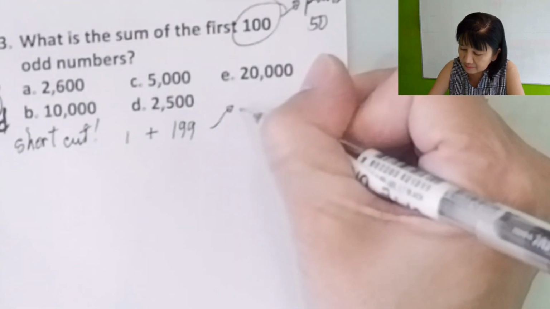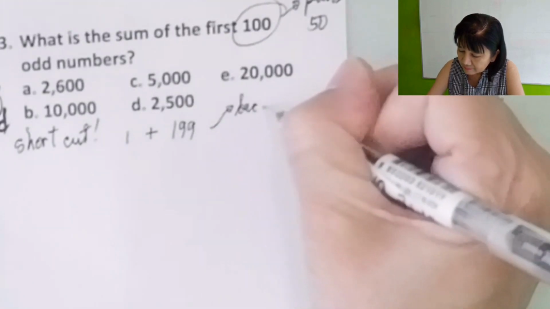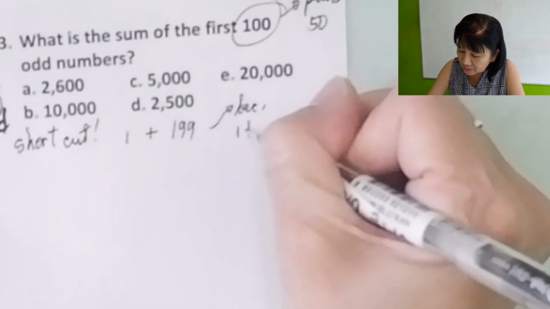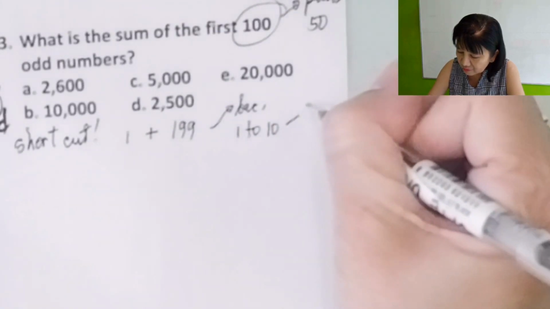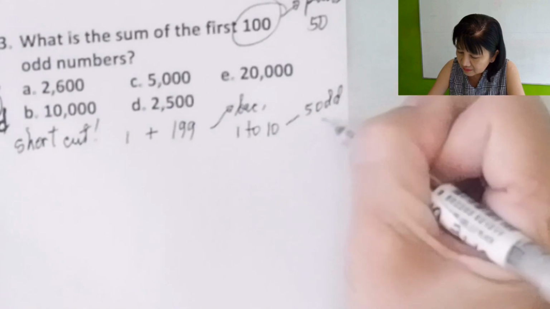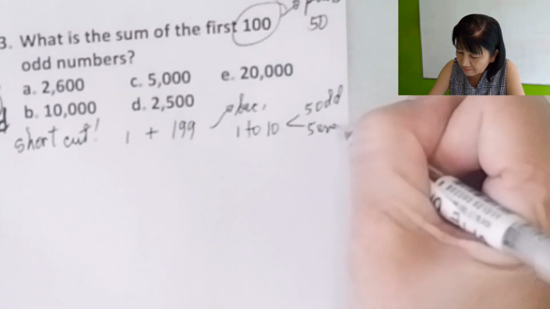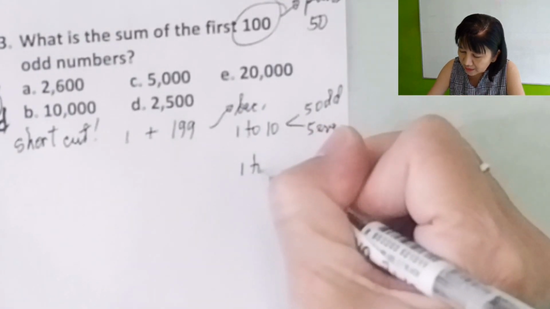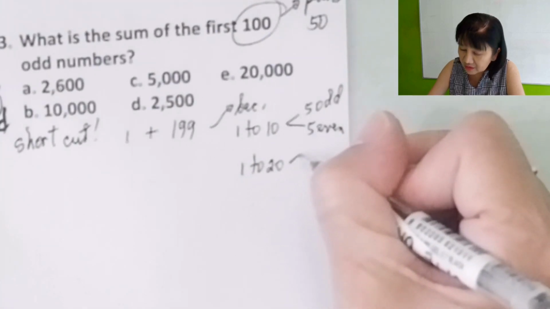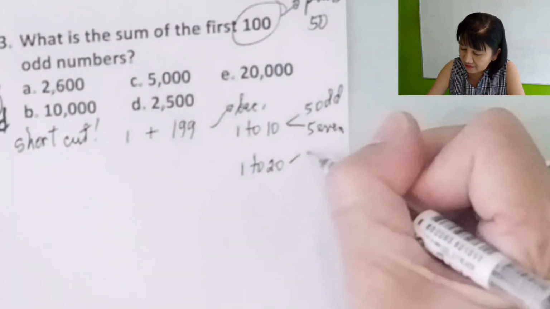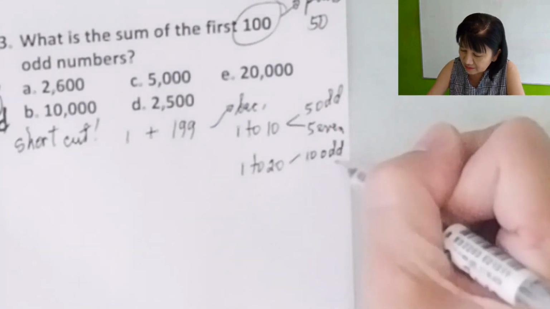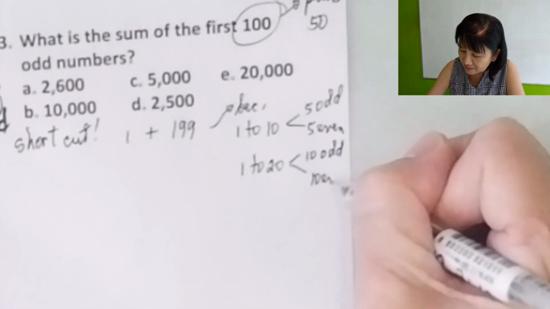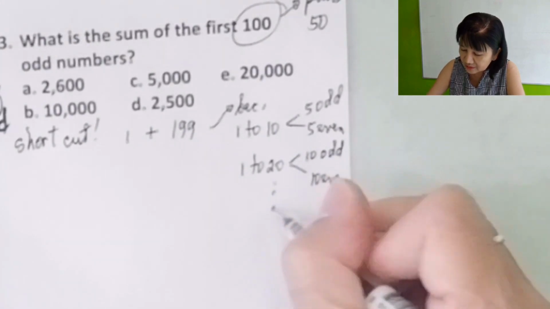Because, for example, from 1 to 10, there are 5 odd and 5 even. From 1 to 20, how many are odd? There are 10 odd numbers and there are 10 even numbers. Therefore, and so on and so forth.